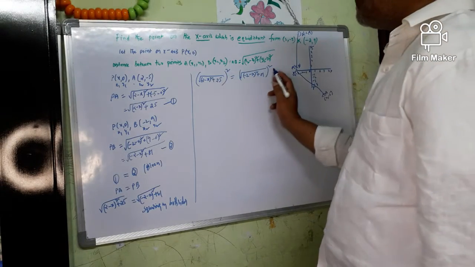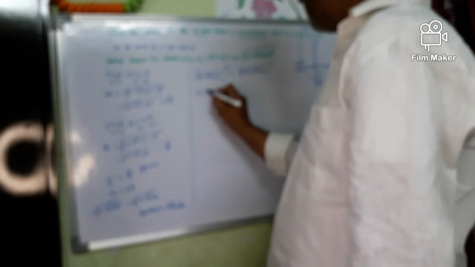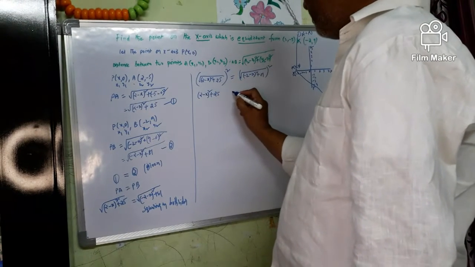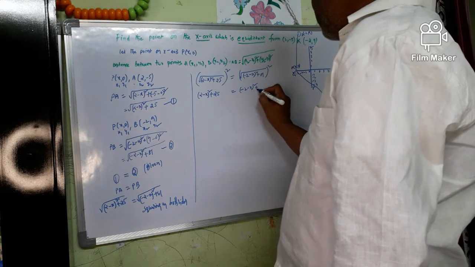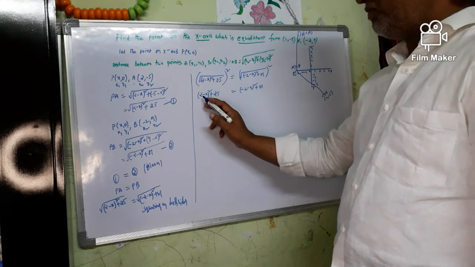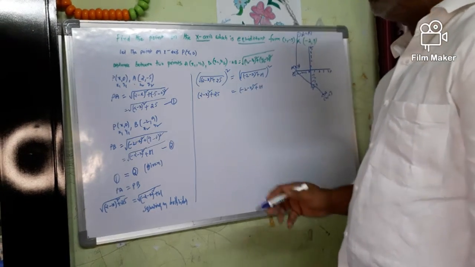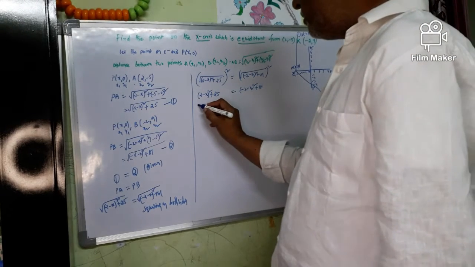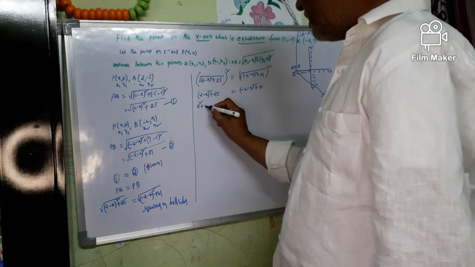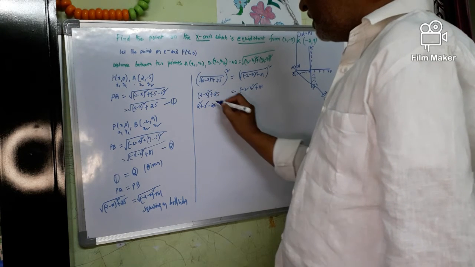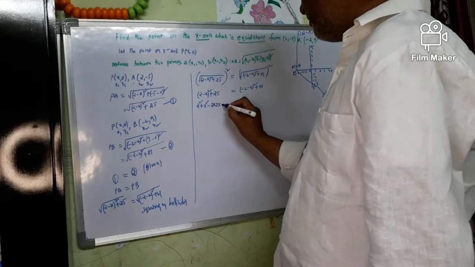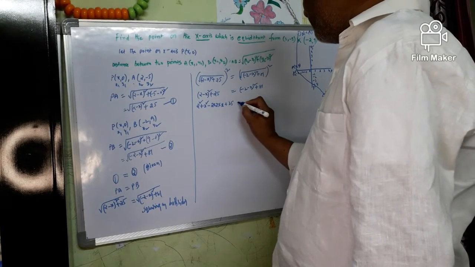The square roots cancel. Then we write (2 minus x) whole square plus 25 equals (-2 minus x) whole square plus 81. Expand using (a minus b) whole square and (a plus b) whole square: a square, 2 square is 4, x square, minus 2ab, 2 into 2 into x, is 4x, plus 25.